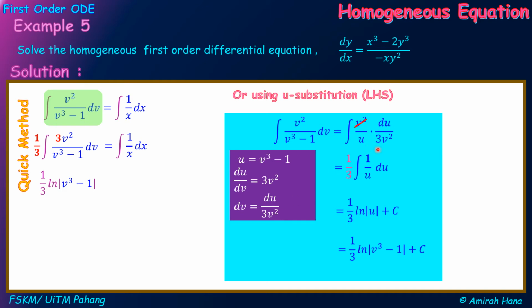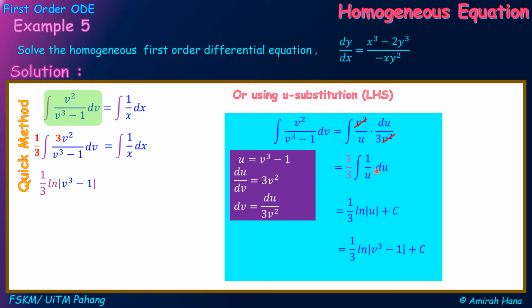And after that, we can simplify v squared in the numerator and v squared in the denominator. And at the same time, we move 3 outside the integration sign. So we get 1 over 3. And then the integration of, after we simplify v squared, we get 1 over u and then du.